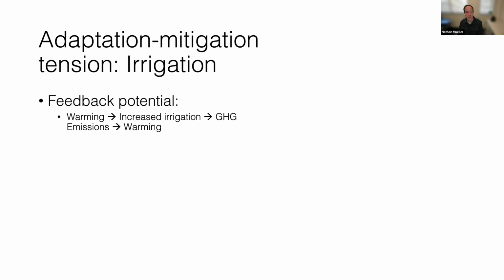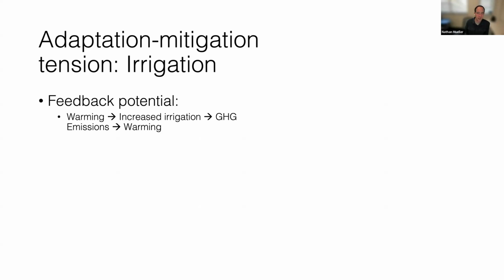All right. So I'm going to keep going on irrigation for just a little bit and, as I mentioned in the beginning, try and connect adaptation and mitigation. Irrigation has all these benefits, from increased productivity to reducing climate hazards, but it also has this important climate feedback potential.